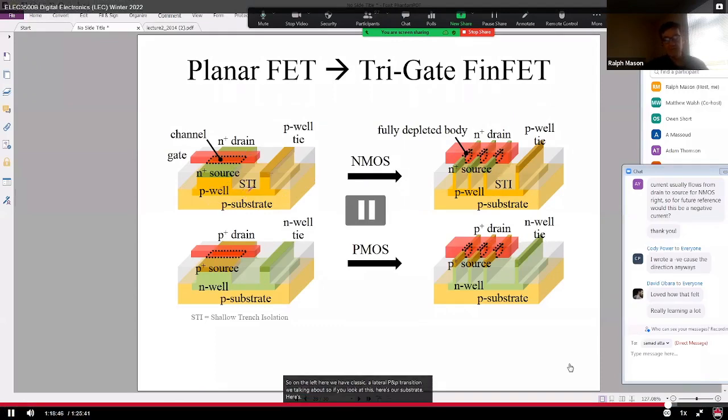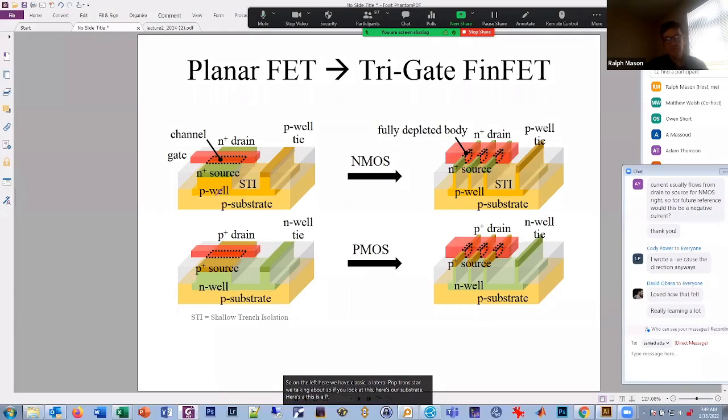This is a P well in this case, but it could just barely be P substrate. Here's our N-type source and drain, and here's our gate. So the transistor is kind of going this way, right? Current would go this way for this transistor. I've kind of switched it 90 degrees, but this is our gate. So that's a classic planar field effect transistor that we've been talking about.